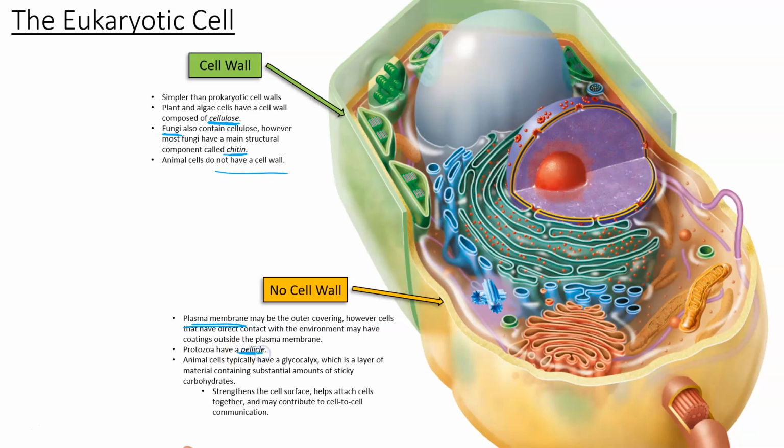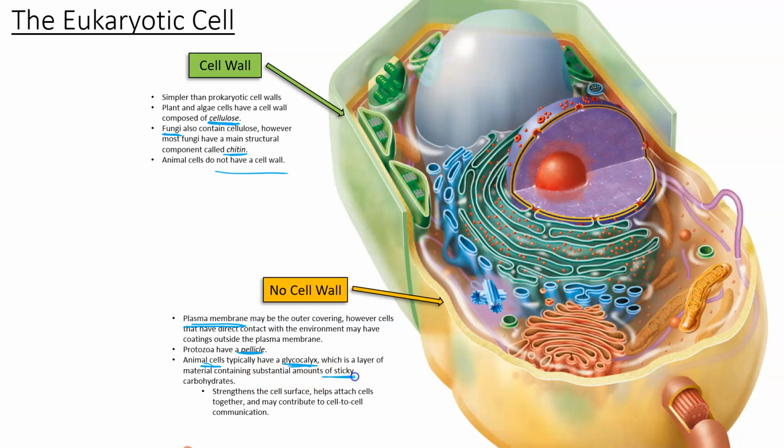Protozoa, which are single cell eukaryotes, have a pellicle. It is not a cell wall, but it is an exterior covering over the cell membrane. It acts as a cell wall, but it's not quite as rigid. And then animal cells typically have a glycocalyx. We talked about a glycocalyx in one of our previous videos related to prokaryotes, but animal cells have that too.